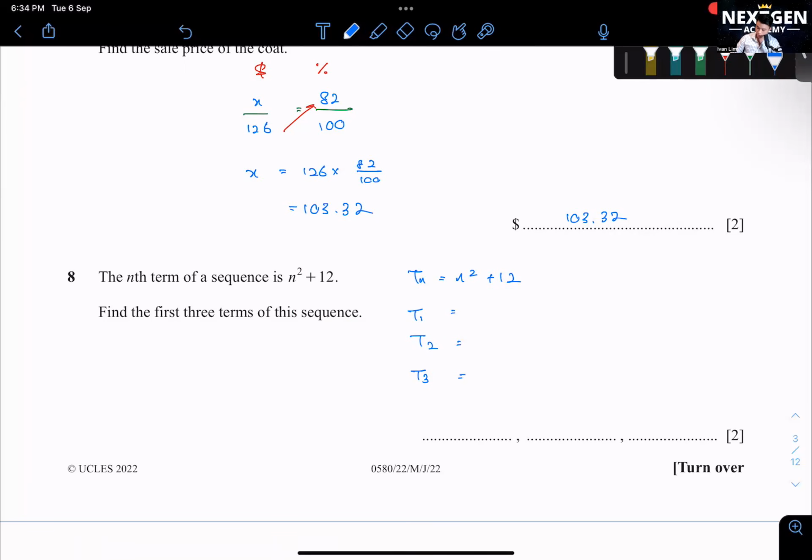So 1 squared plus 12, 2 squared plus 12, 3 squared plus 12. Just type in the calculator. You will get 13, 16, and 21.